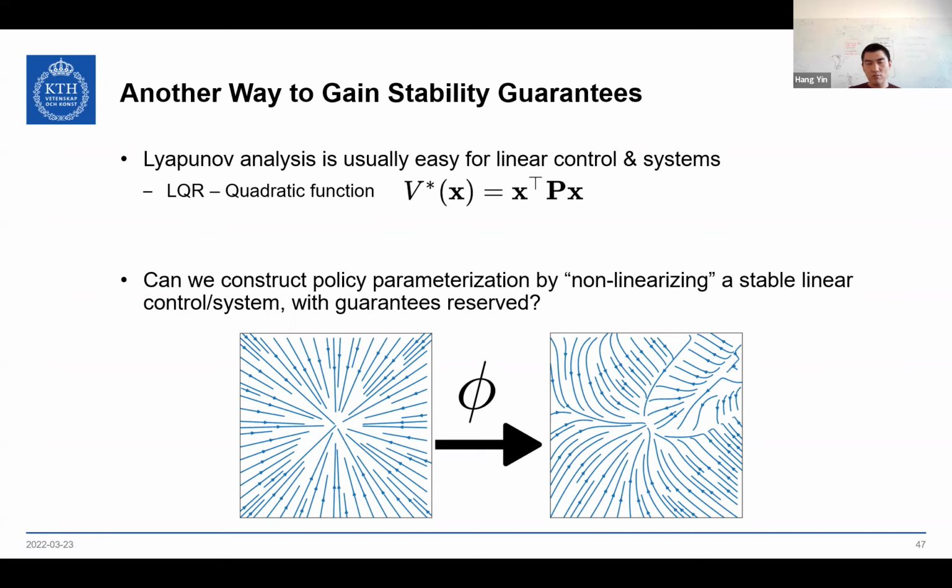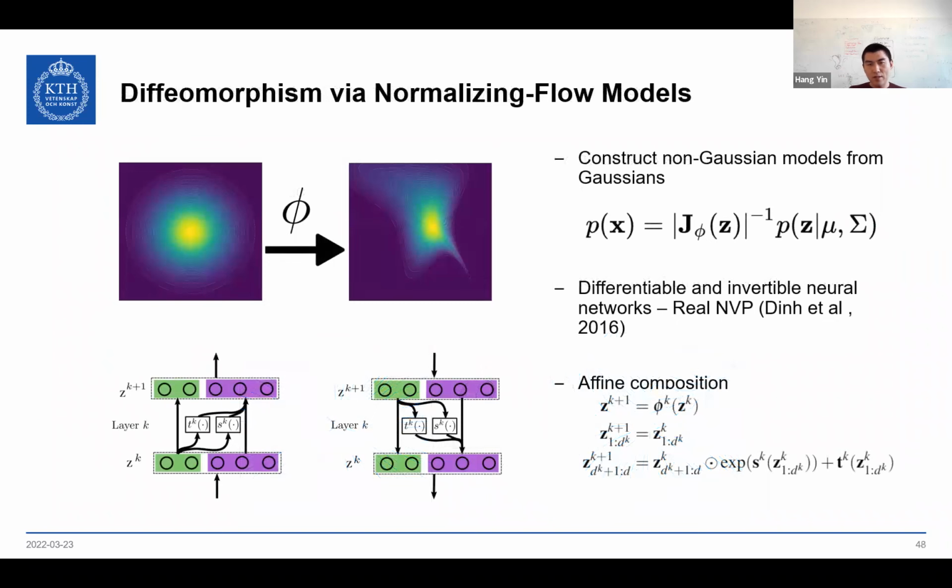So is it possible for us to transform this state space to another state space, to make the stable linear controller still stable in this nonlinear form?